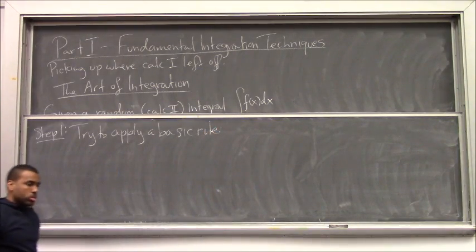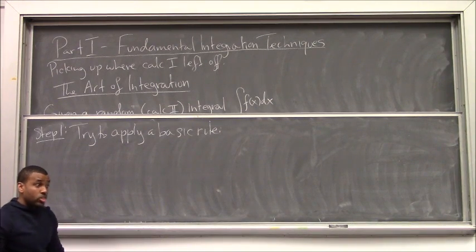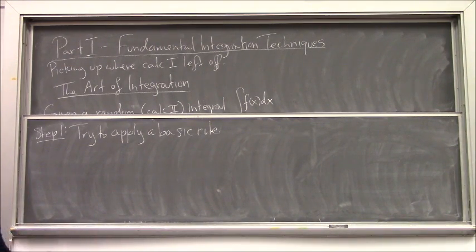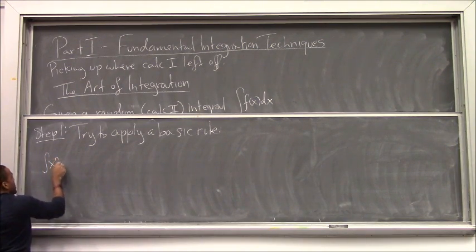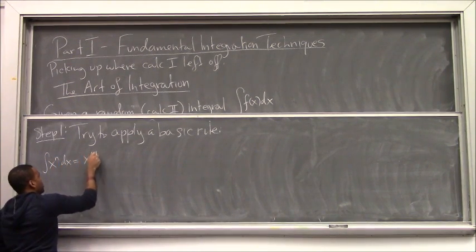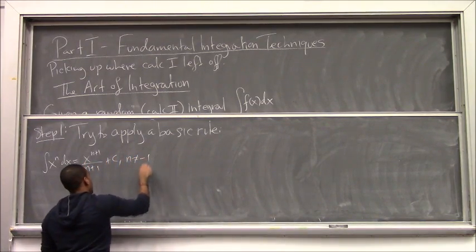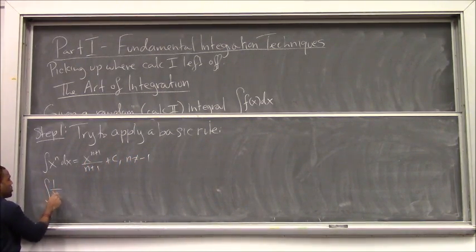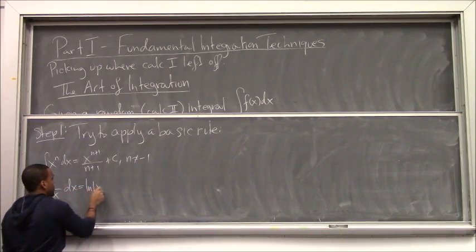What are the basic rules? Back in Calc 1, you learned a bunch of derivative rules. You also learned that you can look at every derivative rule as an integration rule in reverse. You learned how to differentiate as well as integrate basic elementary functions. So I'm talking about the integral of x to the n dx is equal to x to the n plus 1 over n plus 1 plus c if n is not equal to minus 1. You learned the integral of 1 over x, which means n equals minus 1, is equal to ln of absolute value of x plus c.